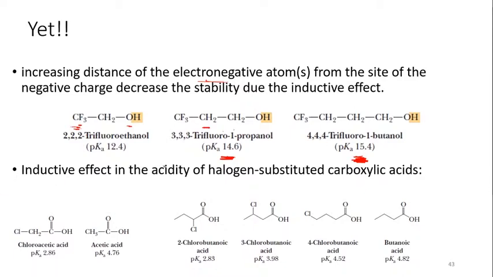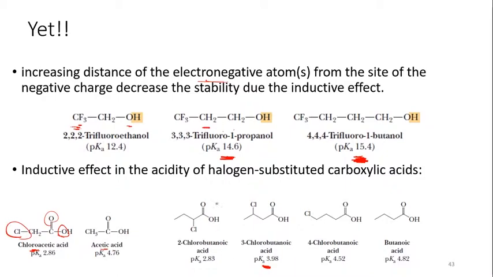This inductive effect also affects the acidity of halogen-substituted carboxylic acids. You can see that chloroacetic acid is higher in acidity compared to acetic acid due to the inductive effect between the chlorine atom and the nearby oxygens. For chlorobutyric acid, I have a pKa of 2.83, which increases the value.